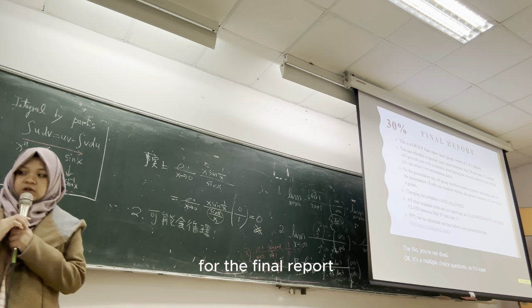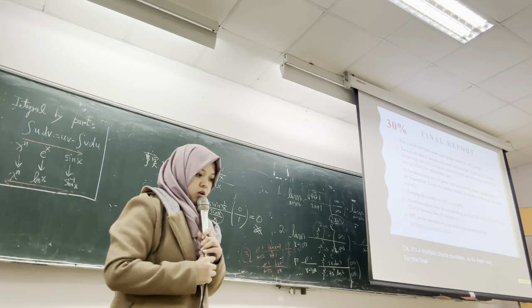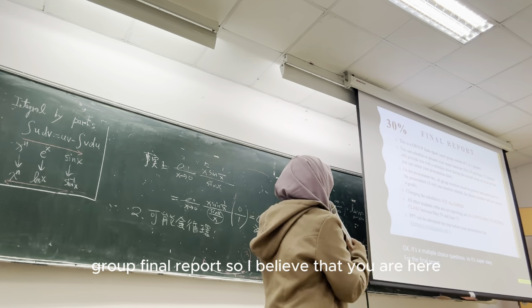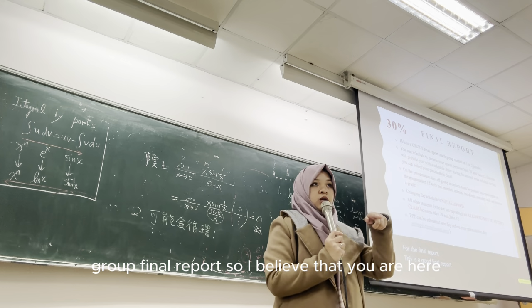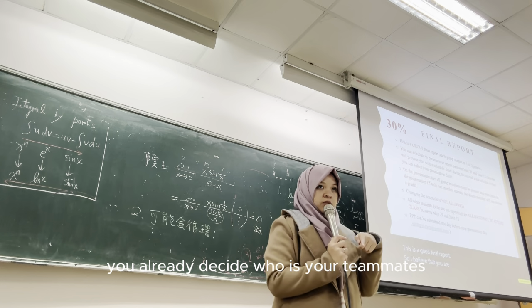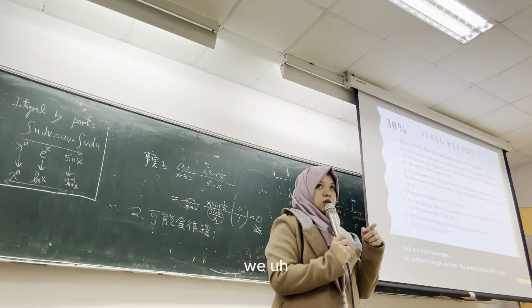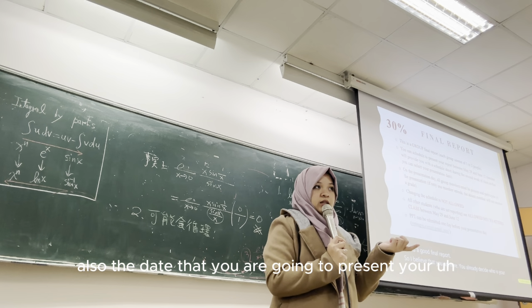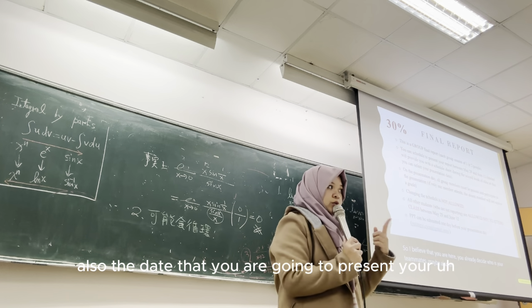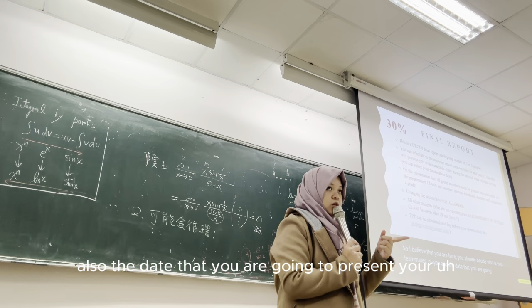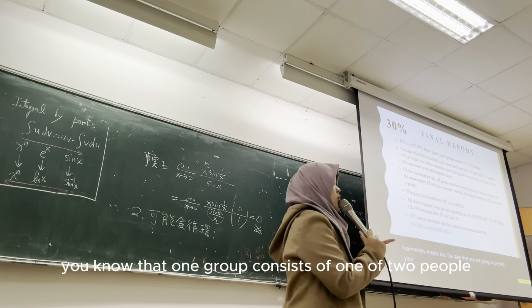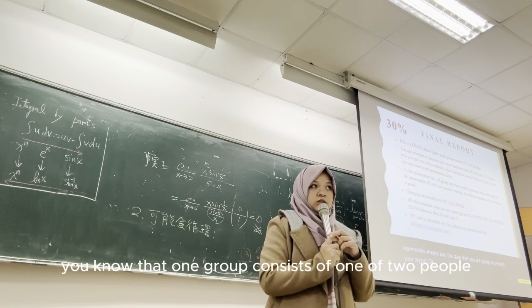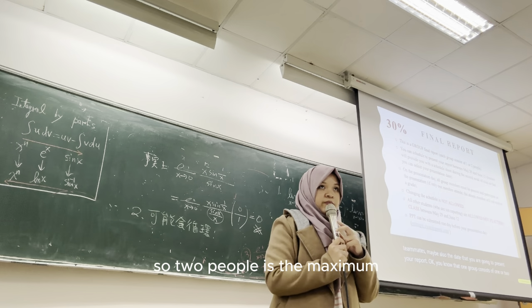For the final report, this is a group final report. I believe that you already decided who your teammates are, and maybe also the date that you are going to present your report. You know that one group consists of 1 or 2 people, so 2 people is the maximum.